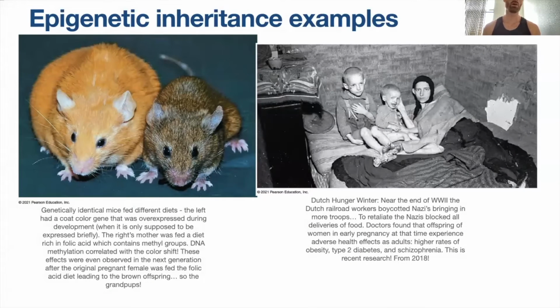So, two genetically identical mice, okay? They have this coat color gene that's overexpressed during development. The one on the left here, you can see that's what that looks like. Now, the right's mother looked like that.